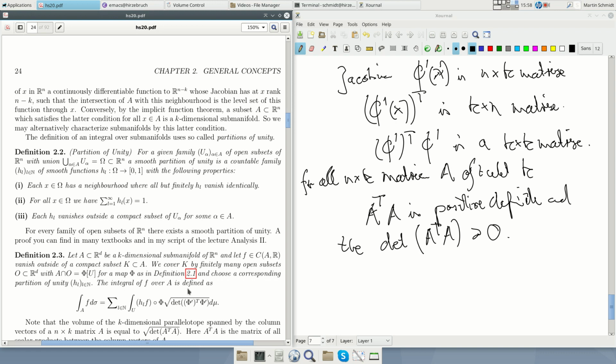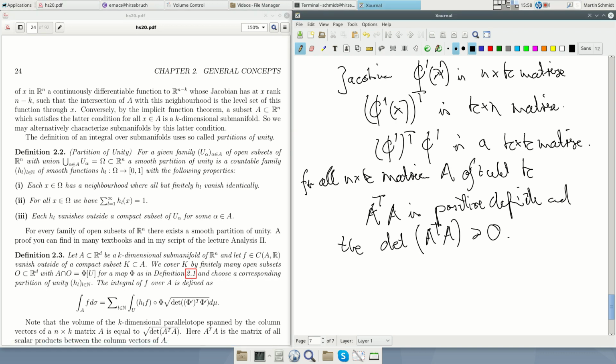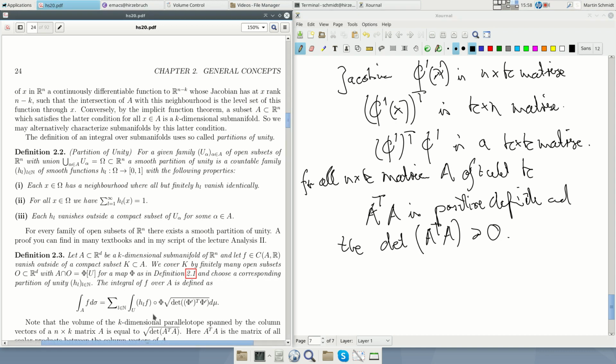This is easy to see since for vectors this is just the scalar product, and this expression is the scalar product of the vector with itself, so it's positive. Take any vector in the range of this matrix, and this is positive if the vector doesn't vanish. Since the matrix A has rank k, you find k linearly independent vectors.